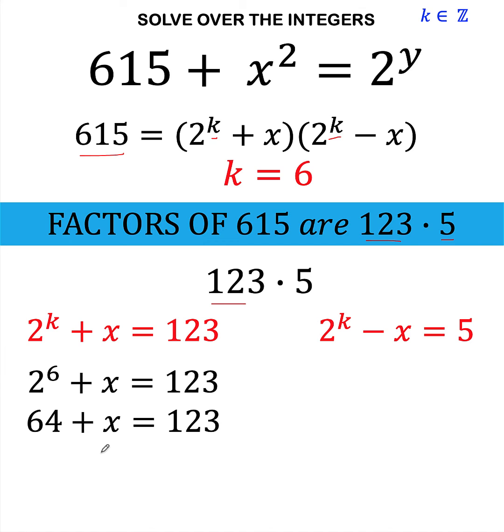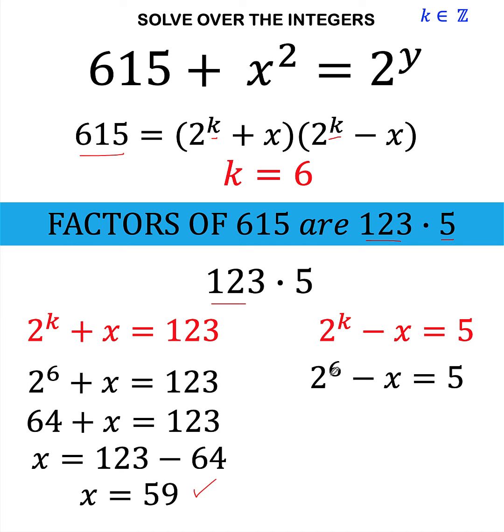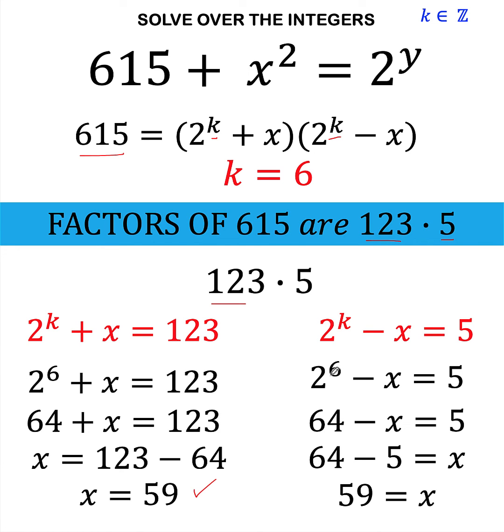And solving for x, we subtract 64 from both sides to get x equals 59. We now have one value for x. Solving the second equation, again, k is equal to 6. 2 to the 6th is 64. And simplifying, x is equal to 59 as well. So both of these equations resulted in x equals 59 when k is equal to 6.